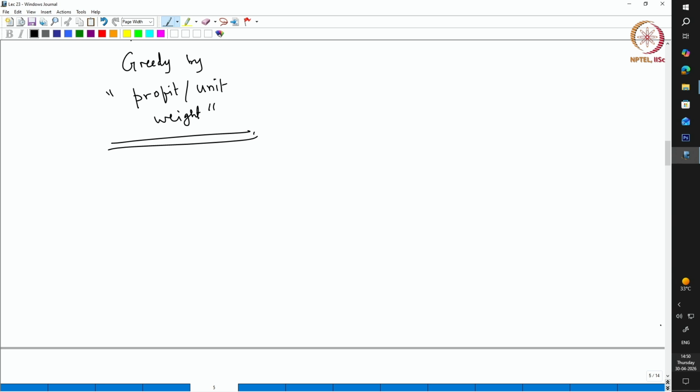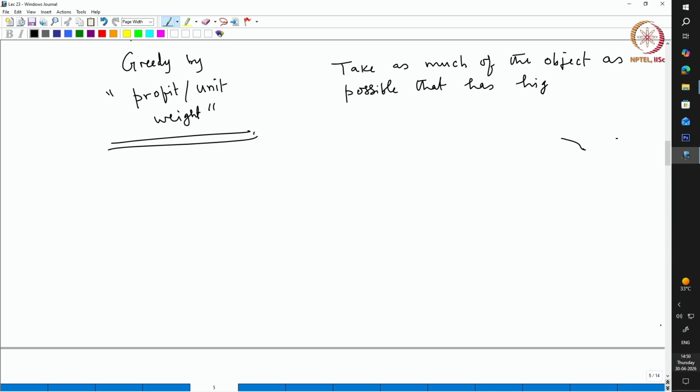In other words, the greedy strategy is take as much of the object as possible that has higher profit per unit weight. This is our new greedy strategy.